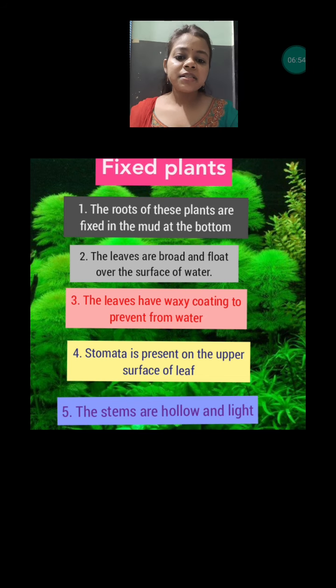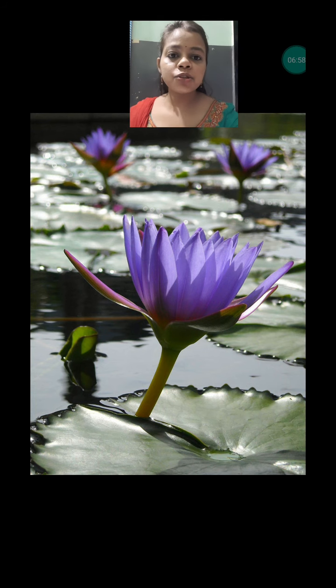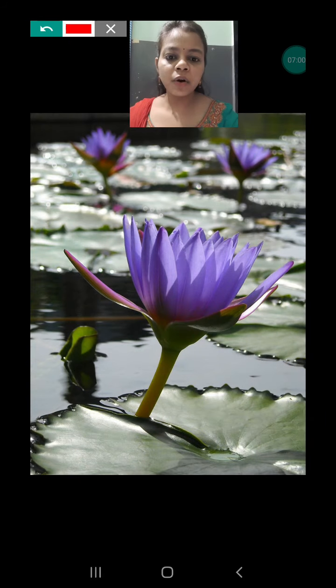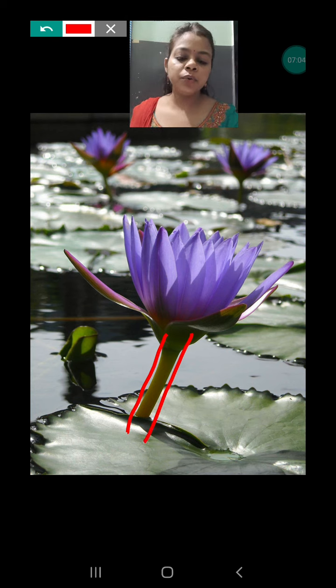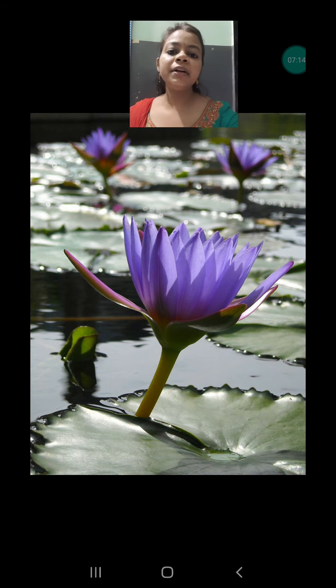The last, their stems are hollow and light. If you get the chance to cut the stems of a water lily or the lotus, you can see in between the stem it is hollow. Okay, it is hollow so that it will be easier to stay in the water.